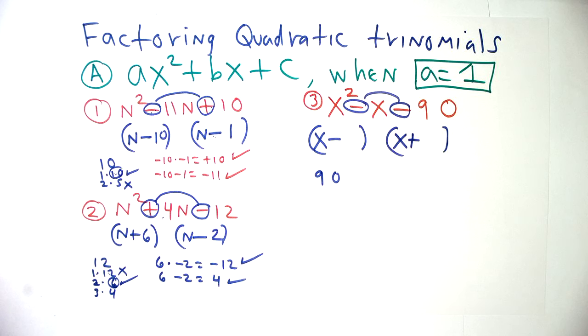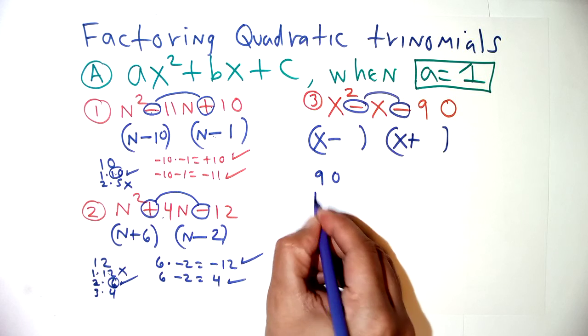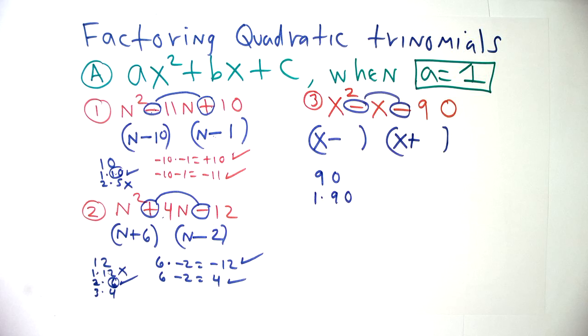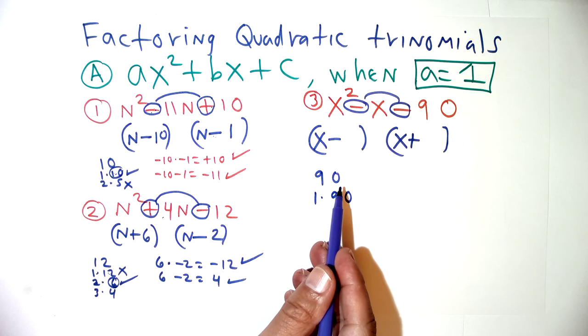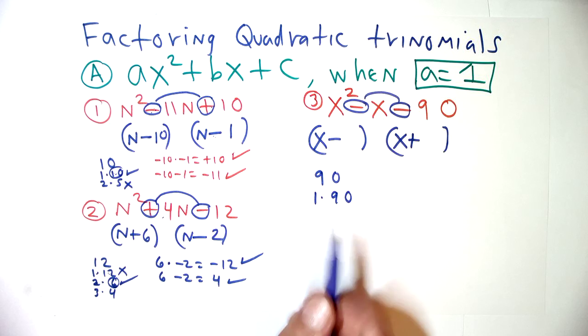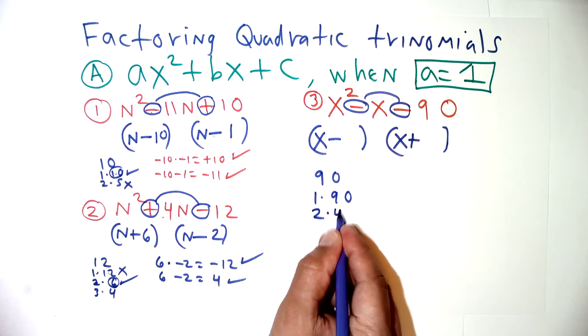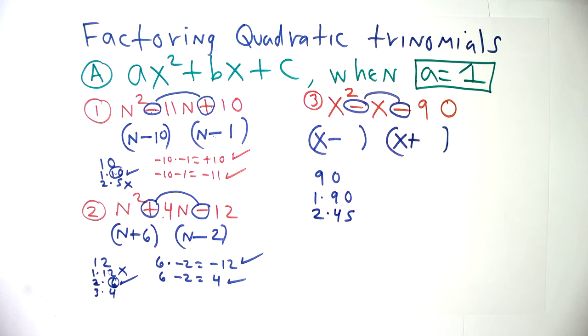For example, the first one is always going to be 1 times 90. That one is always going to be there when you multiply by 1. But how about the other ones? How do you know if you have other factors? If you go to the calculator, all you need to do is say, for example, 90 divided by 2. You see, 90 divided by 2 gives you 45. So that implies that 2 times 45 is a factor of 90.